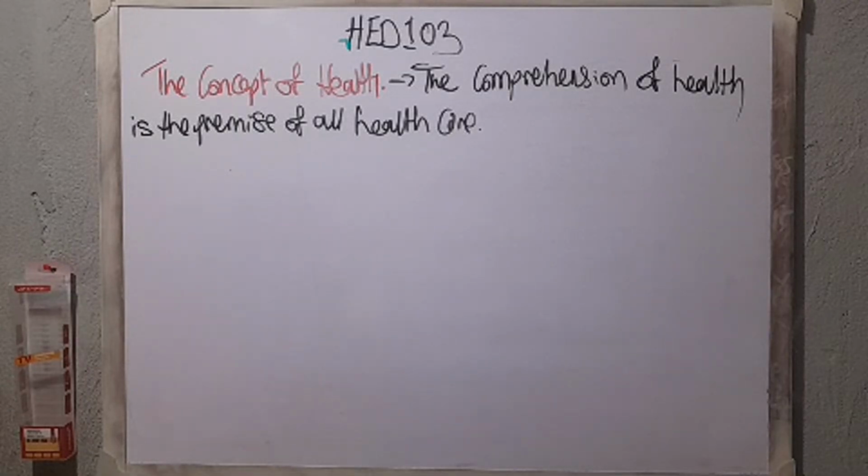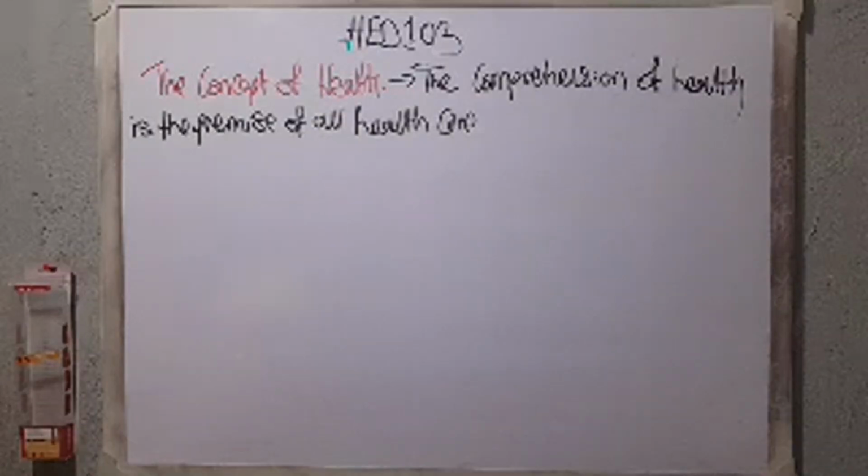Health is beyond you not having a disease. Health is beyond the absence of a disease. The concept is known as the biomedical concept, and this is based on the germ theory of disease.